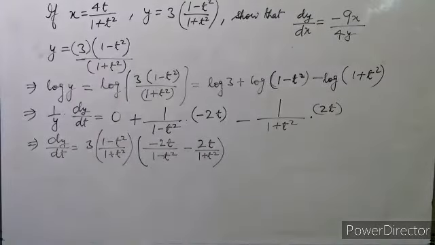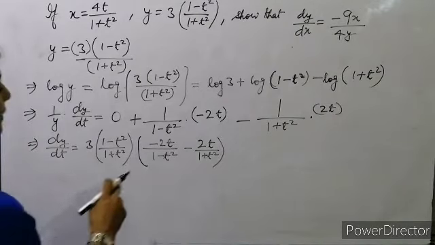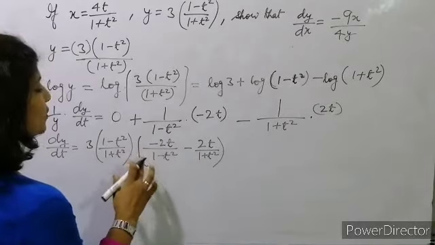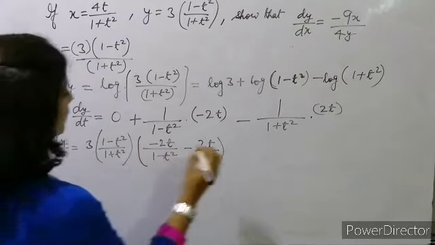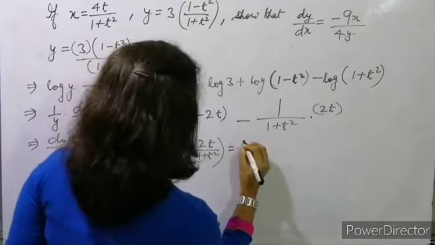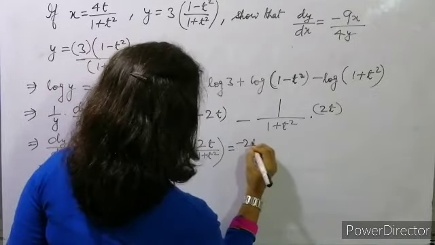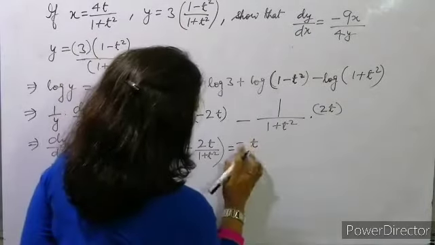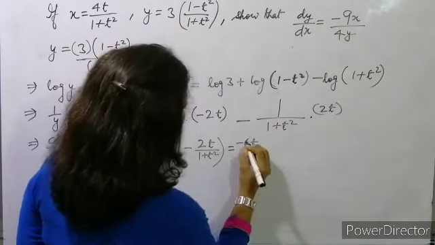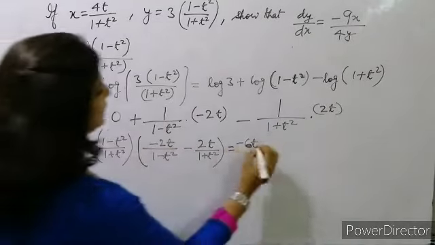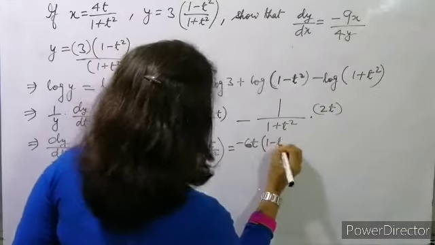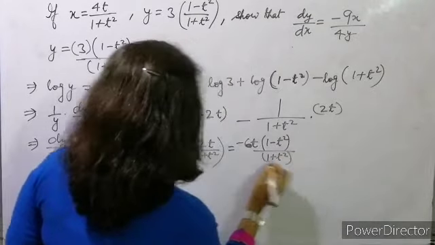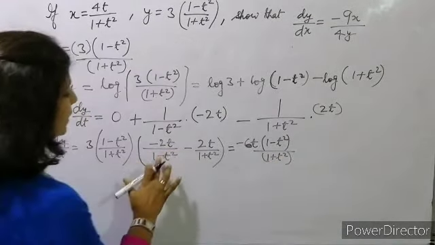Now we can simplify; we can take minus 2t common. So we'll write here minus 2t multiplied by, and this 3 is already here, so minus 6t, and this one we write as 1 minus t square divided by 1 plus t square.